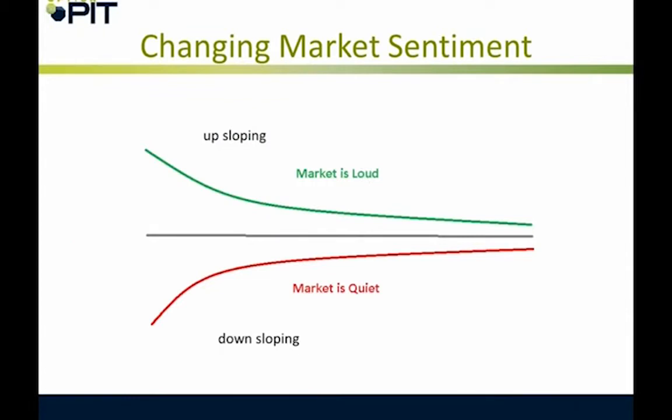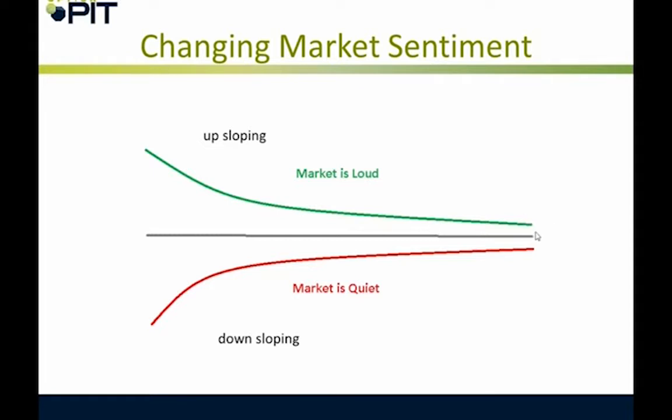So, changing market sentiment. When we have an upsloping term structure, that means the market is loud. There's lots of crazy things going on. We just got done listening to the last presenter talk about Fibonacci's, and she said it works 85% of the time.